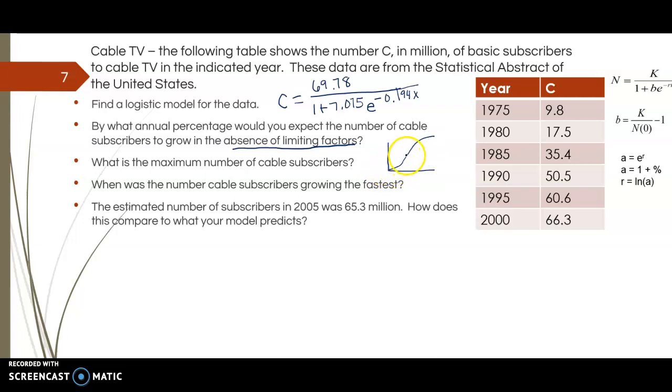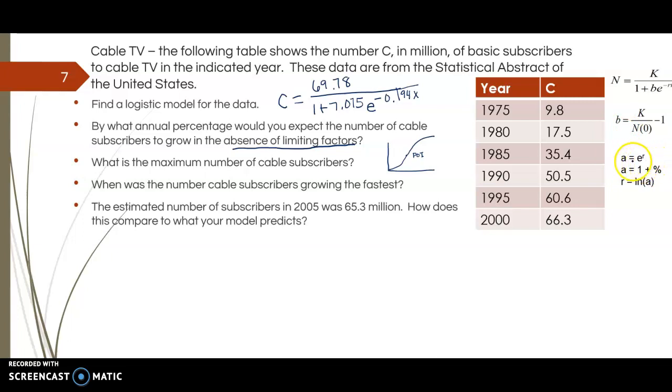This first half of the curve up to the point of inflection is an exponential curve, and so we can find the intrinsic exponential growth rate for this. Off to the side I have my formula, which my calculator gave me, and I have the formulas relating A, the percent, and the r.